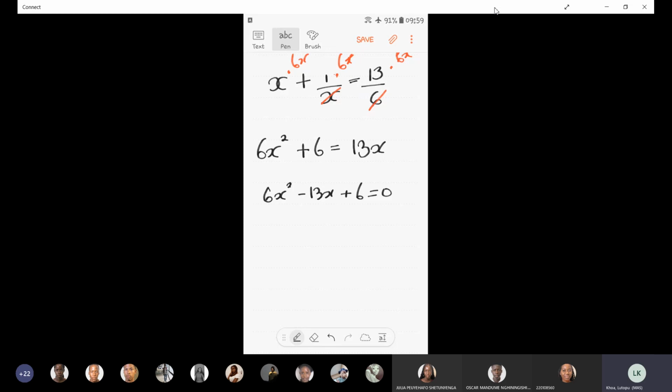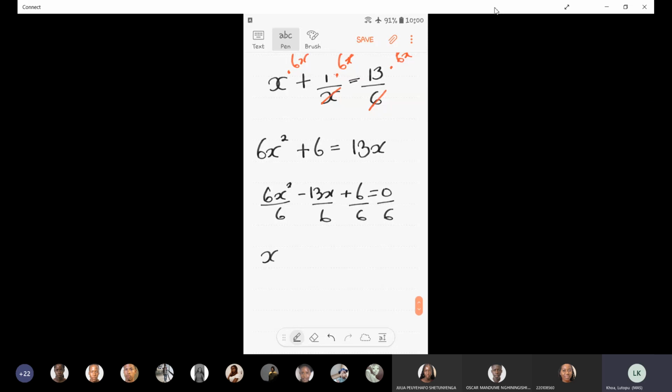When we complete the square, we said first you need to divide throughout by the coefficient of x squared. So I'll divide by 6, divide by 6, divide by 6, divide by 6.